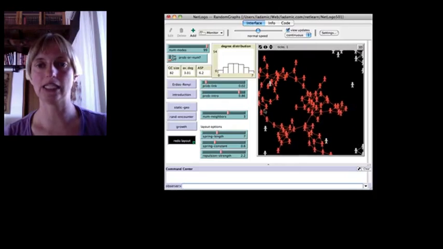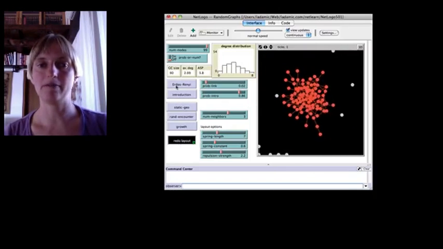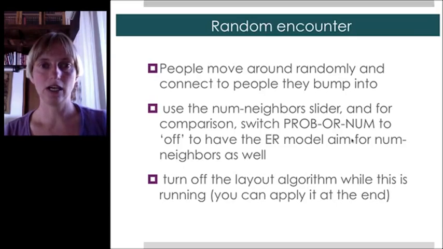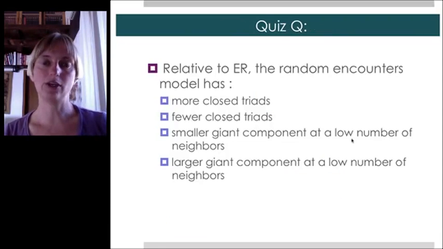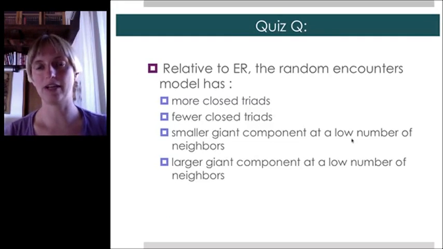And we want to look at this network relative to the equivalent Erdős-Renyi, right? And so again, we want to answer very similar questions about are there more or fewer closed triads? Is there a smaller or a larger giant component relative to the Erdős-Renyi?